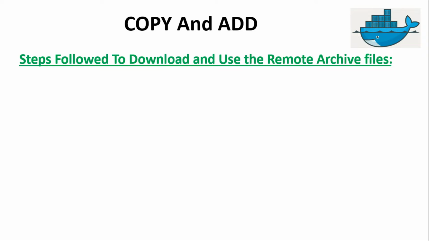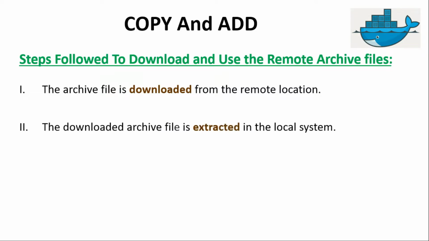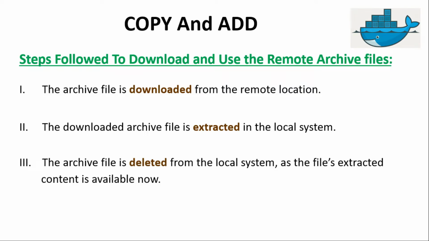That is, first we download the archive file from the remote location, and then the downloaded archive file is extracted in the local machine, and then finally the archive file is deleted from the local system as the file's extracted content is available now in the local machine. So now friends, let us see how these steps are done using the ADD and the RUN instruction inside the Dockerfile.